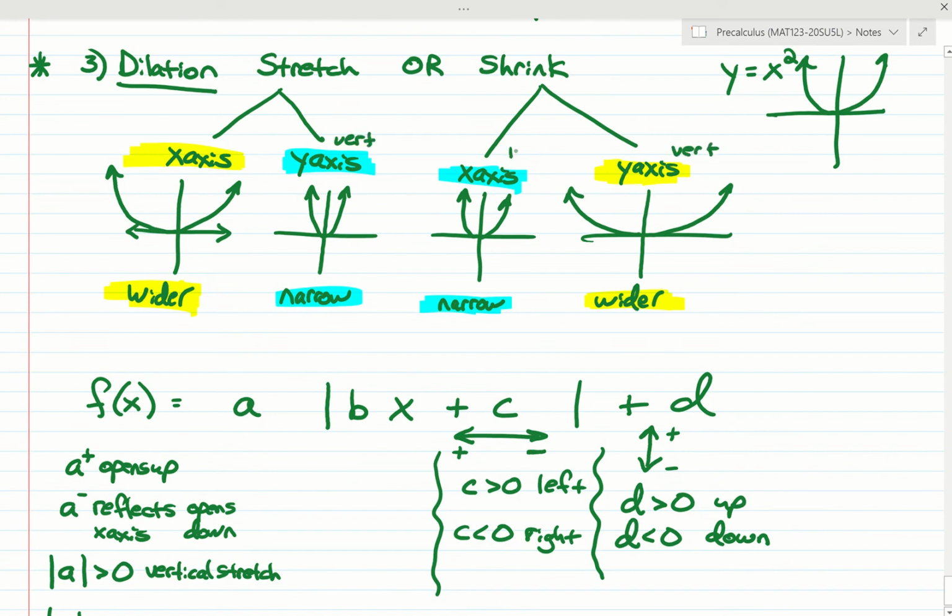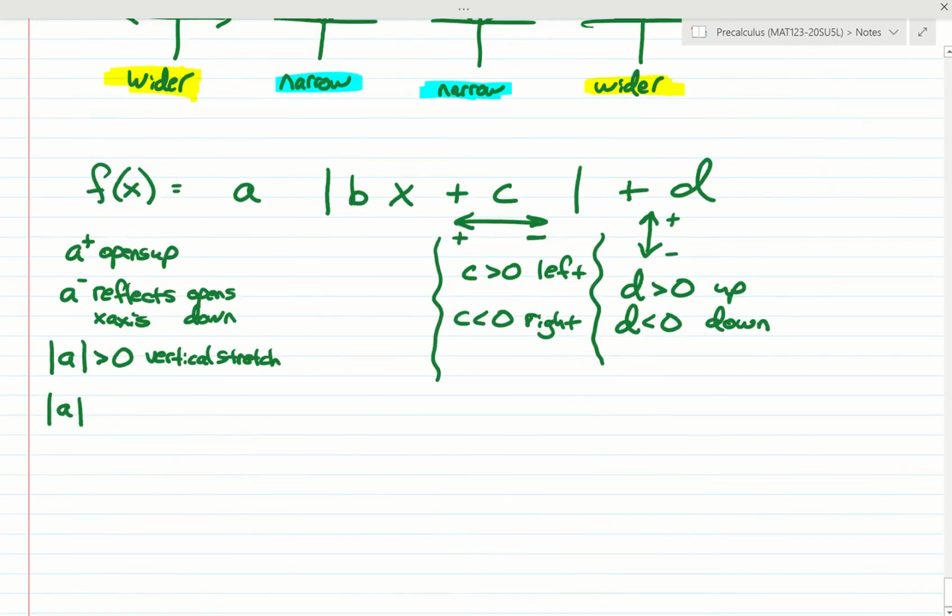We're talking about the x-axis, that's horizontal. If the absolute value of A is less than 1, meaning like a fraction, like 1/3 or 1/2, this is going to be a vertical shrink, and the graph gets wide.